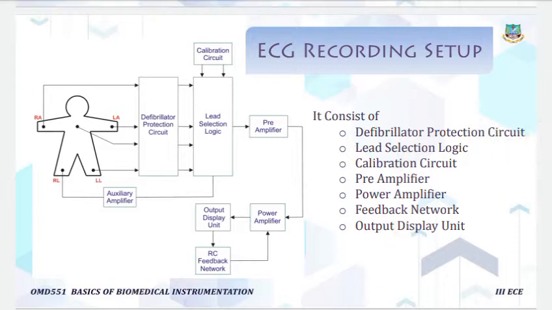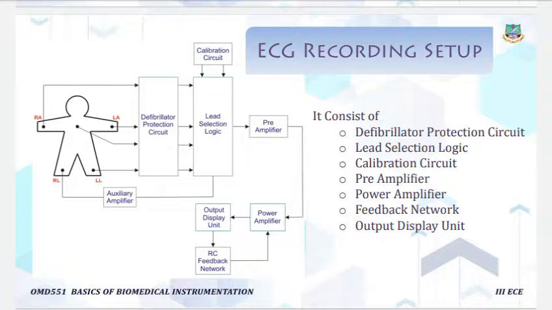From the lead selection, it is connected to the defibrillator protection circuit. Then to the lead selection logic, where it selects the type of lead configuration needed. Then the calibration circuit. What is the calibration circuit? It removes the artifact present in the type of lead configuration. Then the pre-amplifier and the power amplifier.